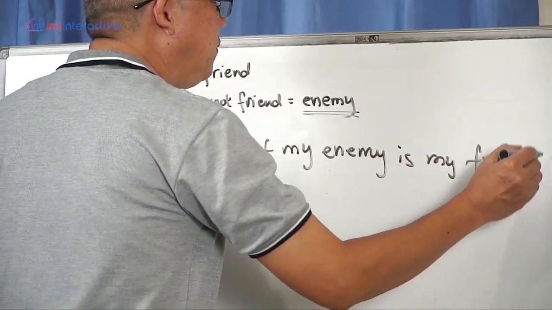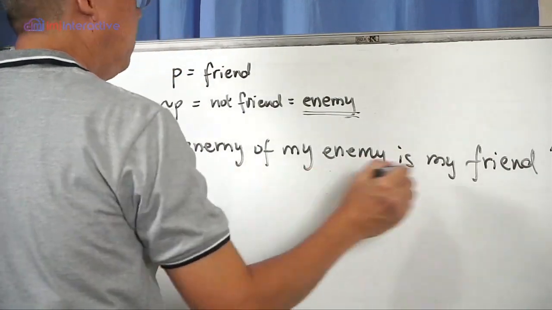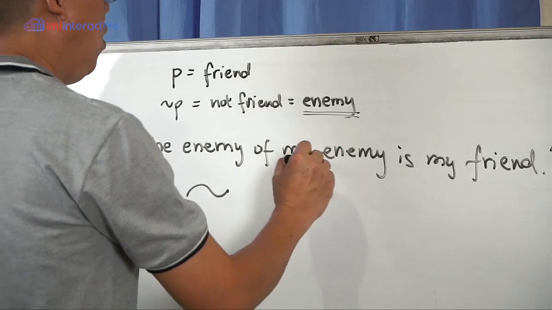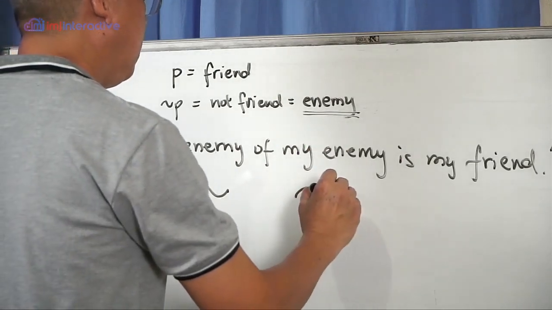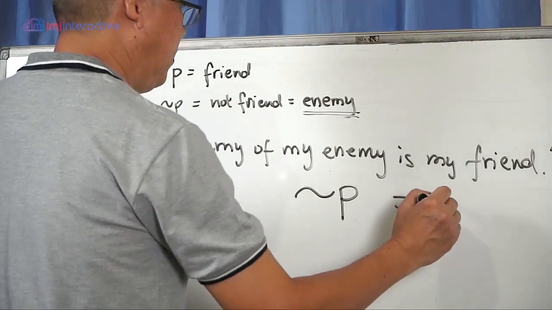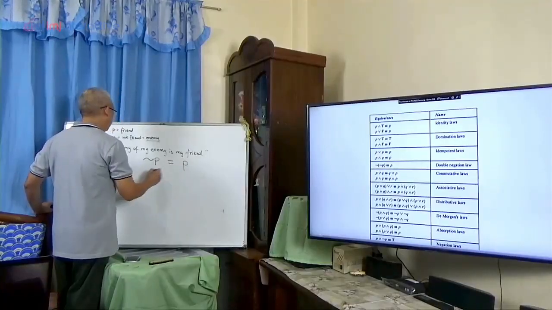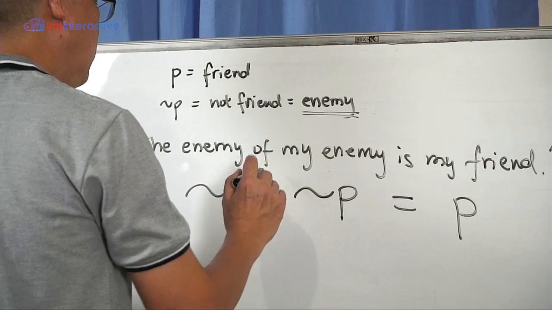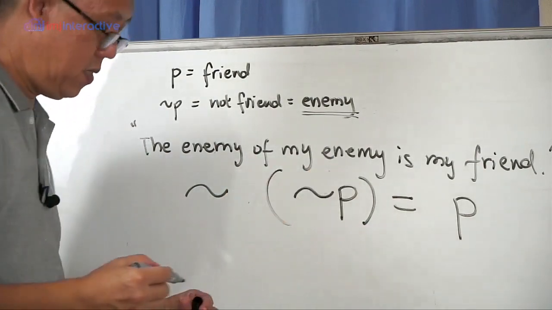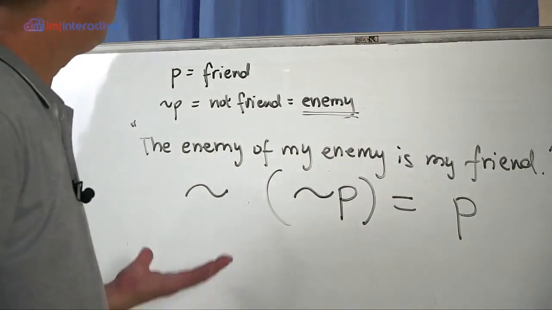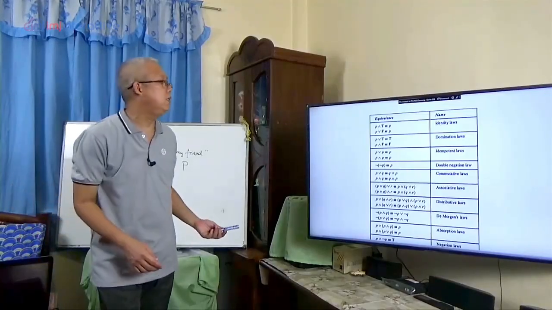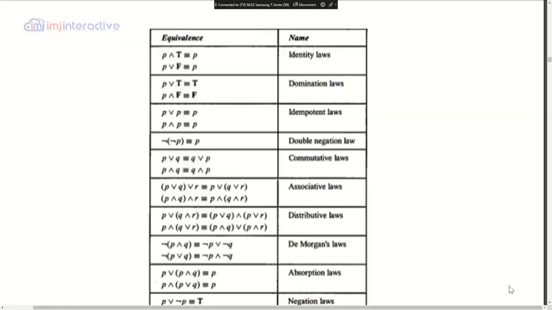Is this true? So the enemy, not of my enemy, is my friend. So that is an example showing double negation.